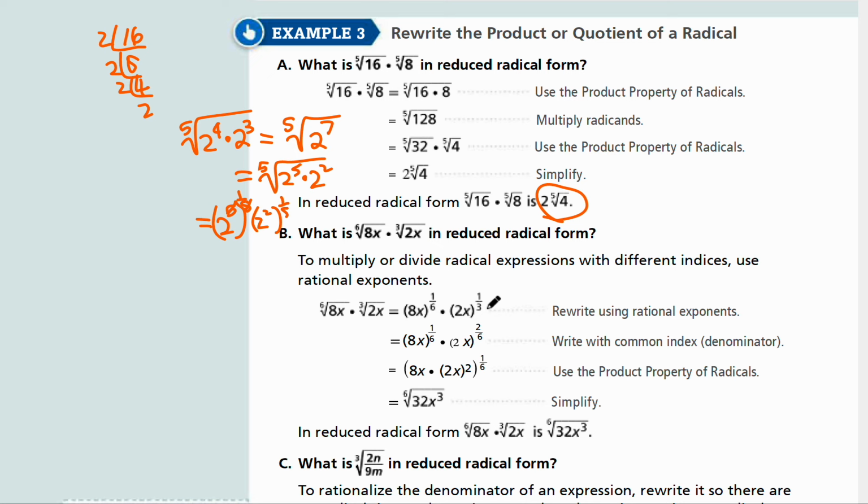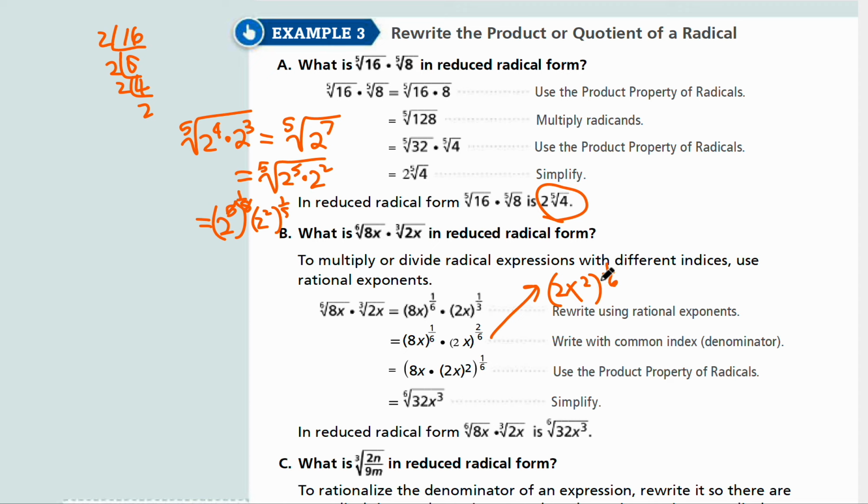And why are we doing this? Just wait and see. So then we have 1 over 6 and 2 over 6. Now, it seems like you can use this as a separate square, right? So 2x to the power of 2 over 6 could be rewritten as 2x squared to the power of 1 over 6 using the power of powers property, right?